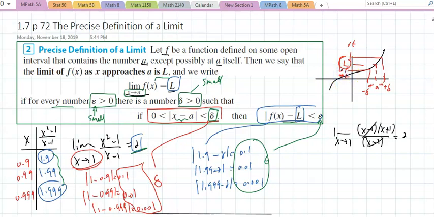Meaning, when you pick values very close to 1, the y values should be leveling off next to 2. And that's the actual definition. That makes a lot of sense from a theoretical point of view.